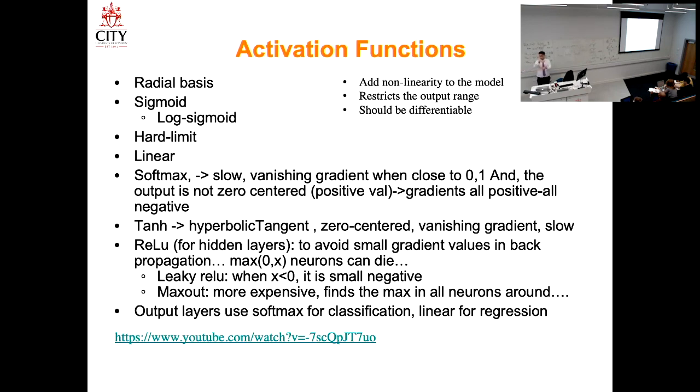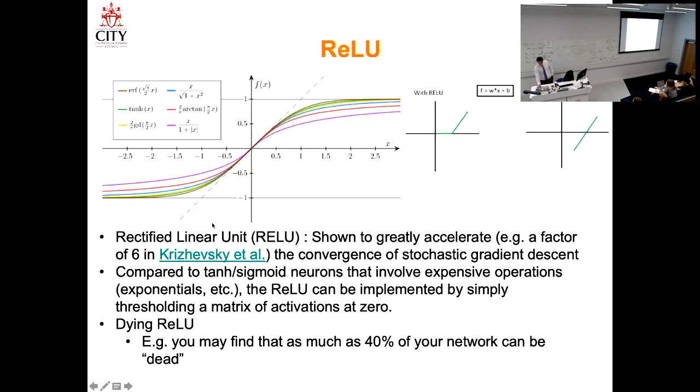It puts a max and min on the output of each neuron. There are radial basis, sigmoid, log sigmoid, hard limit, linear, softmax, hyperbolic tangent, but the most popular one is ReLU, which is a very interesting model. We will talk about it here.